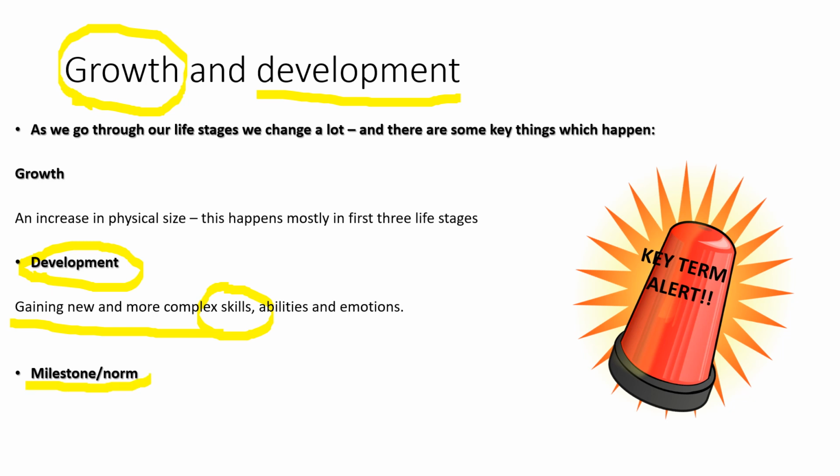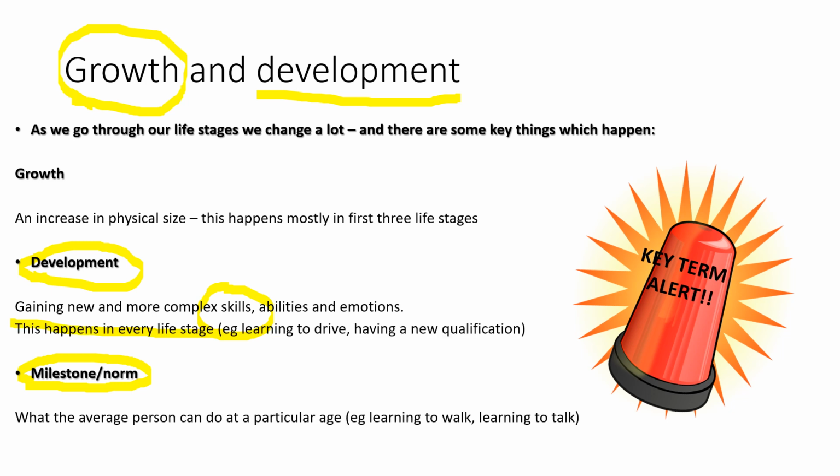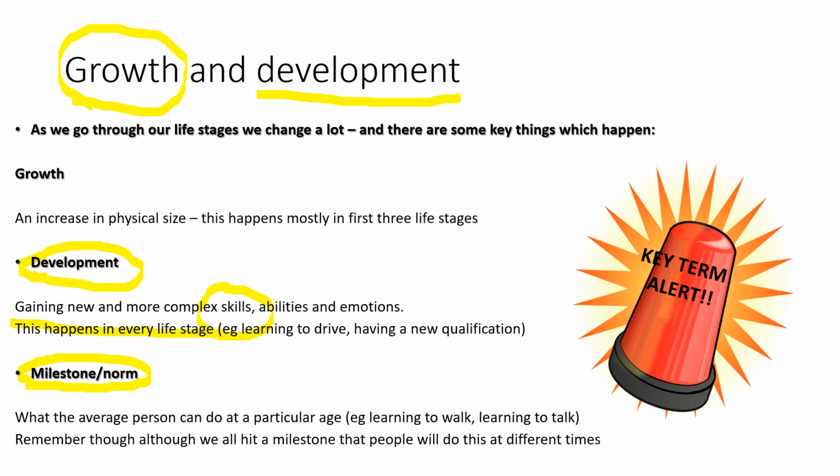Now this one here, milestone or a norm. A milestone is what the majority of us can do at a particular age. So for example, learning to walk, learning to talk. Now, sometimes people do this at different ages, and that is why it's classed as a milestone, because it's a milestone that people hit, but at different times.